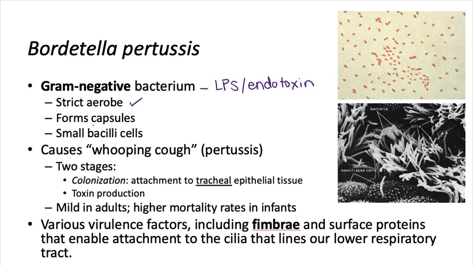It is a capsule-forming bacterium, so bacteria do form extracellular polysaccharide capsules. And the cells are these tiny little bacilli, sometimes we call them coccobacilli, because of their rounded yet rod shape. Now, the disease that is caused, pertussis or whooping cough, has 2 stages.